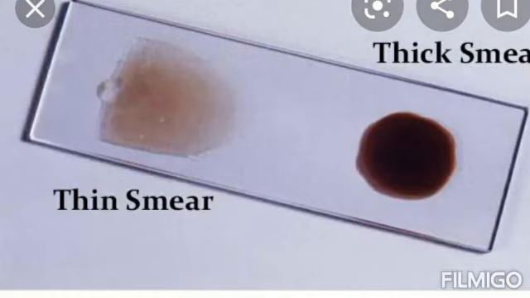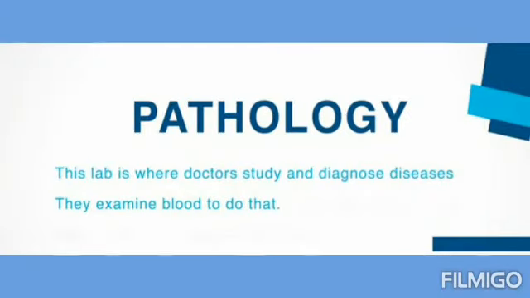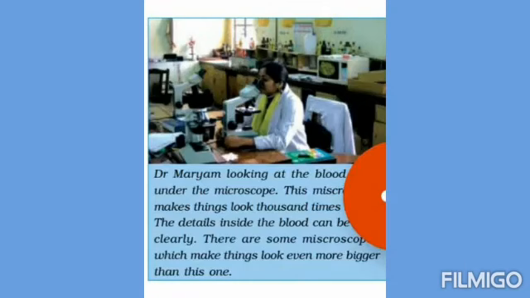Now this slide shows a thin smear and a thick smear. The place where all these studies are done is a pathological lab, and the study is called pathology. In the coming picture you will see that a pathologist is working, observing the samples through a microscope.